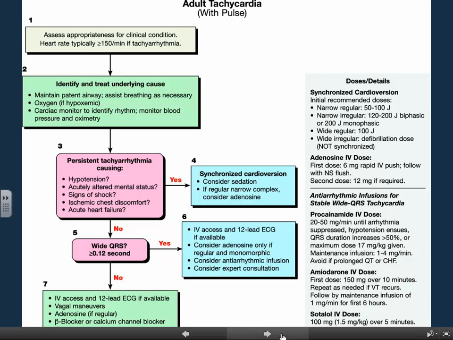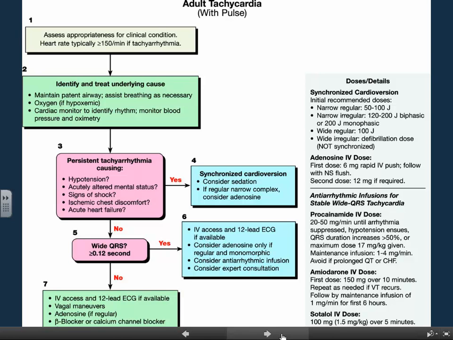So we're looking at a little bit higher dosage, right? We're still syncing to the R wave, but we're looking at a little bit higher dosage. Where if it was a regular narrow complex, we're doing what? 50 to 100, okay?